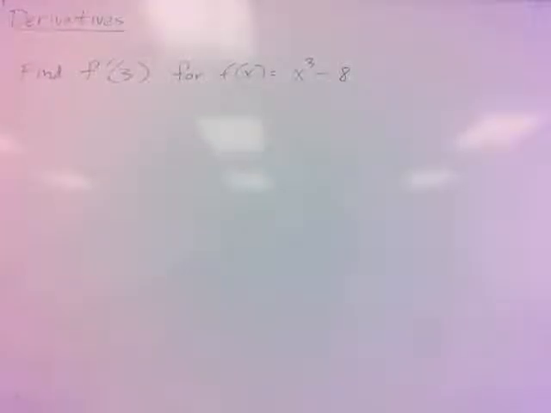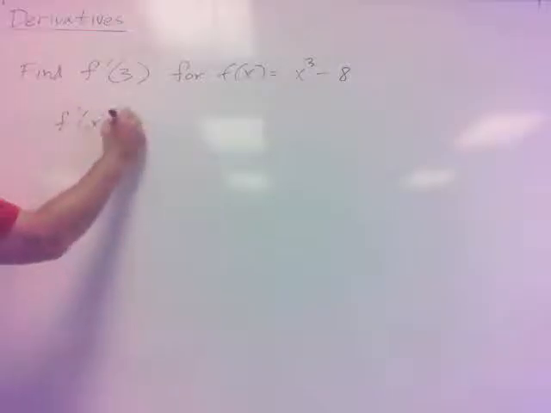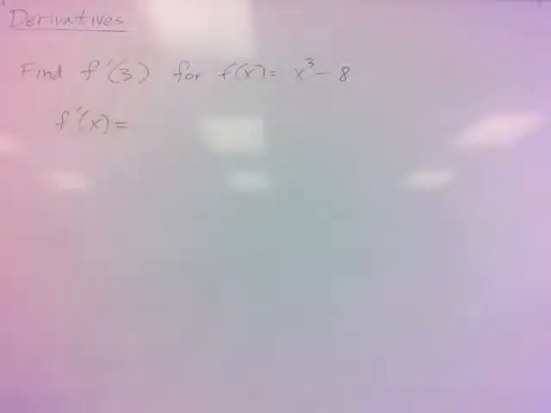One way is to say all I need to do is find f prime of x, and then I've got x is 3, so I can just plug in my 3 there. I could plug in 3 at the first, but I would suggest let's first find f prime of x, and then we can make our substitution off of that.